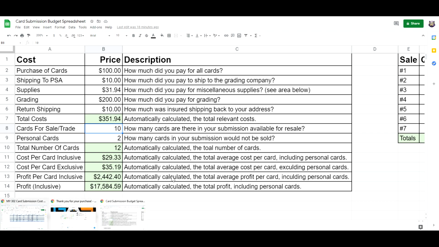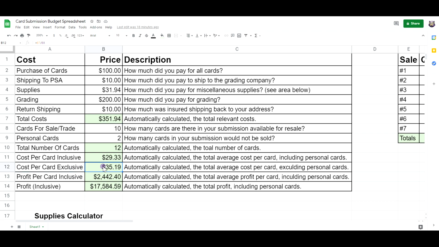And so that's all I'll really have to say about the idea of card grading being a profit-driven type of endeavor. But when you are thinking about it like that, it's important to think about the exclusive nature. If you have 10 cards in the submission that you purposefully want to sell, technically all of these costs really belong to those 10 cards.